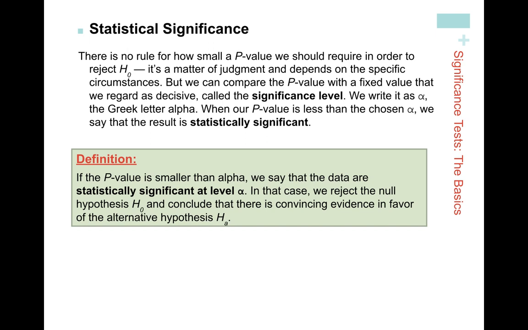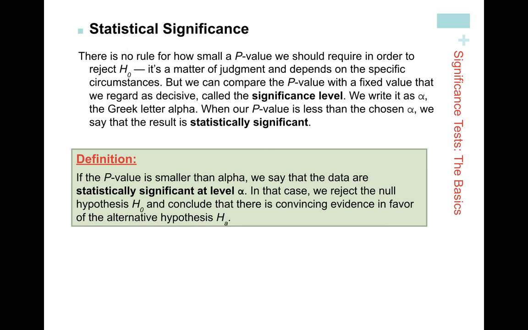The most common alpha level used is 0.05. Your book talks about why the 5% alpha level became so popular. It goes back to a particular statistician who would generalize and say, if we got this result 1 out of 20 times, that's kind of a threshold.